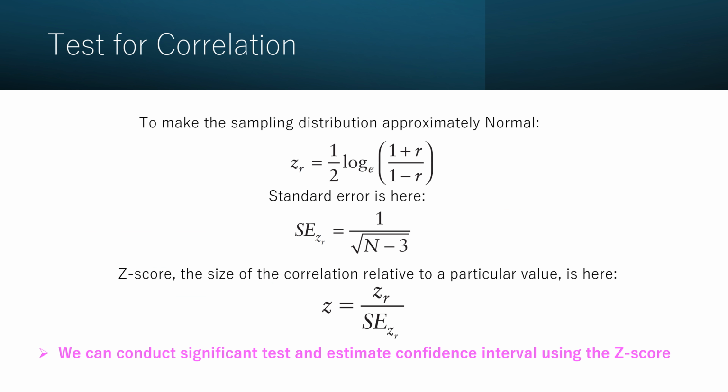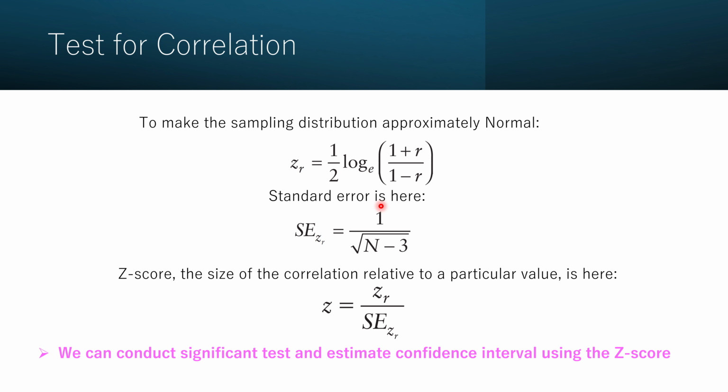The test for correlation is this. When we test whether the correlation is different from 0, we want a statistic with an approximately normal sampling distribution. There are two standard routes. First is R's correlation test, which gives you the test statistic, p-value, and a confidence interval.